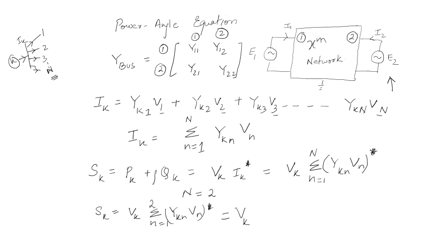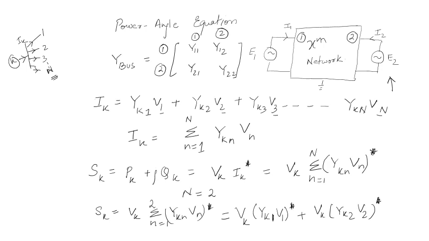Okay, so I can expand this as Vk times Yk1 V1 star, plus Vk into Yk2 V2 star.